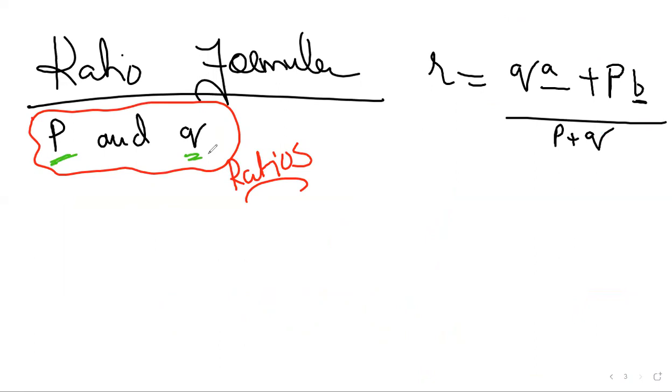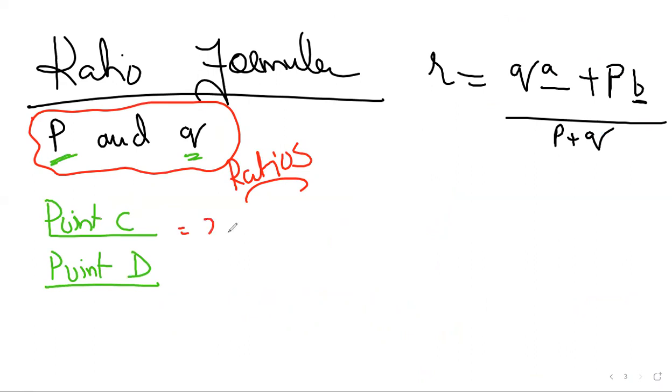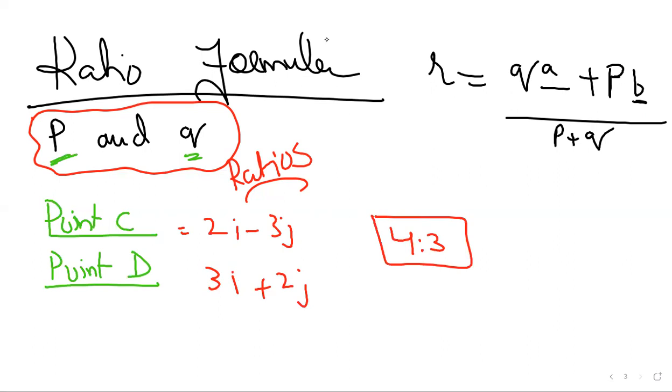For example, if there is a question asking for a position vector and giving you data, like point C and point D. For example, point C is 2i minus 3j and D is 3i plus 2j, and the ratio is 4:3. Again, I'm repeating the question. What is the target of the question? The target is to find the position vector of division.